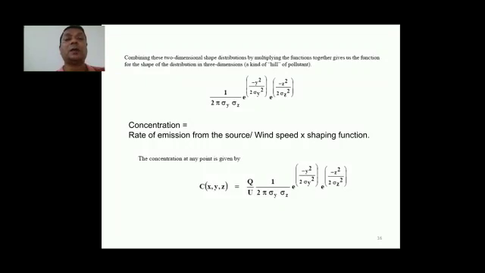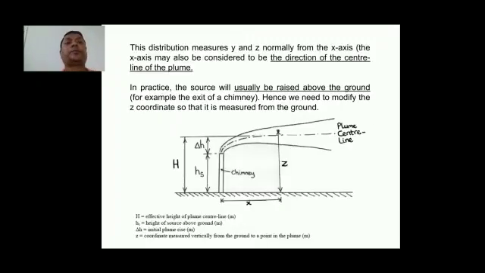We are taking all these 3 values, equal to Q, the rate of emission, divided by U, the wind speed, multiplied by the shaping function, 1 divided by 2 pi sigma y sigma z into e power minus y square divided by 2 sigma y square into e power minus z square divided by 2 sigma z square.